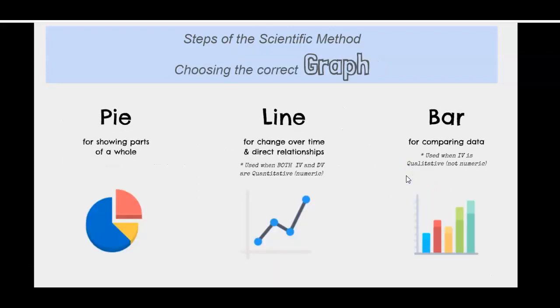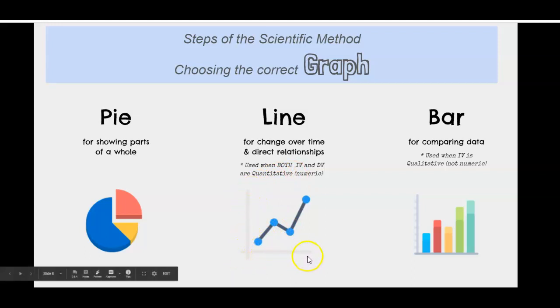Okay, so your graph is either going to be a pie graph, a line graph, or a bar graph. Most of the time in science we use bar graphs, sometimes line graphs. Most of the time in math you use line graphs. That's because quantitative data, which is number data, is along the x-axis and along the y-axis in a line graph.